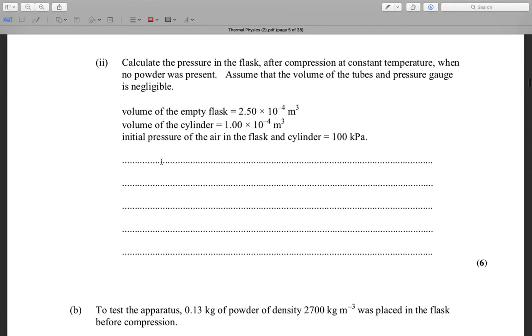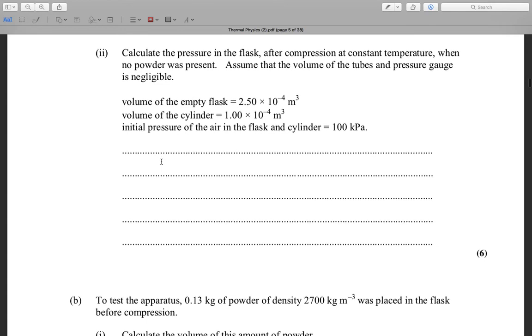Question 3 part (b)(i). Calculate the pressure in the flask after compression at constant temperature when no powder was present. Assume that the volume of tubes and pressure gauge is negligible. Okay, we have the volume of the empty flask 2.5, volume of cylinder 1. The initial pressure of the air in the flask and cylinder is 100 kilopascal.